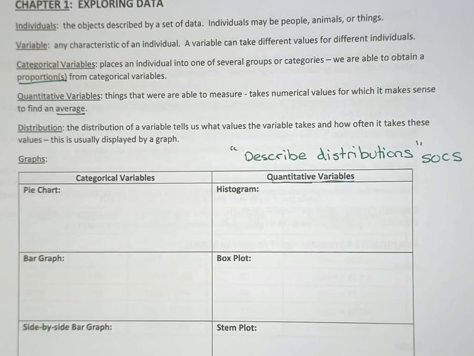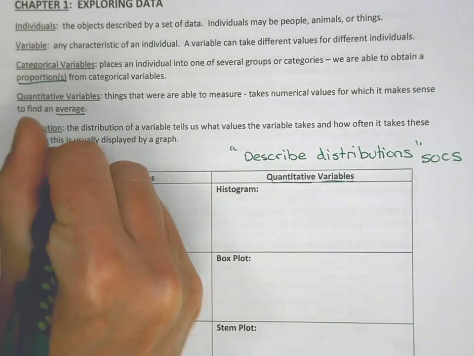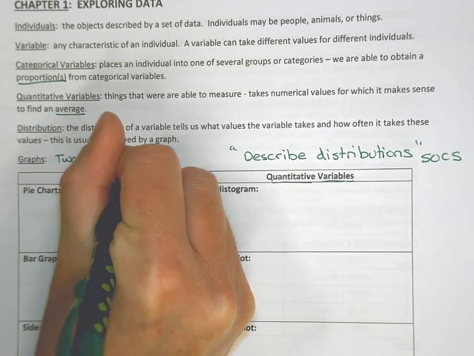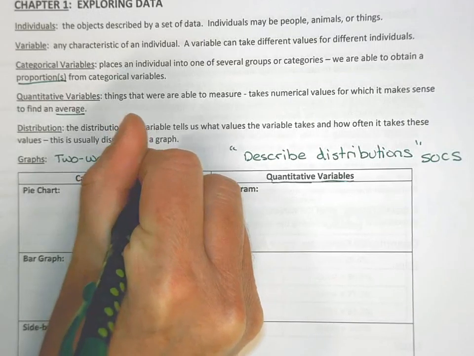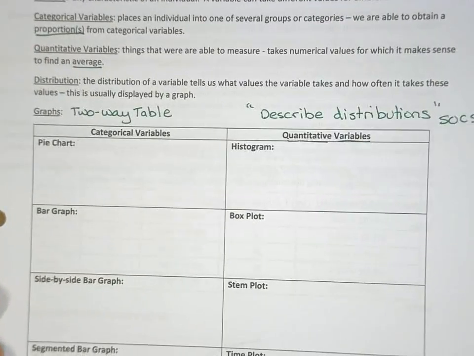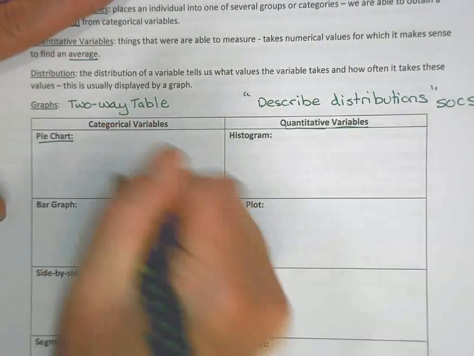With categorical variables, we usually used a two-way table to describe things. And then there's marginal and conditional distributions with it that we'll also talk about on the next page. So categorical, for your pie chart, first off.